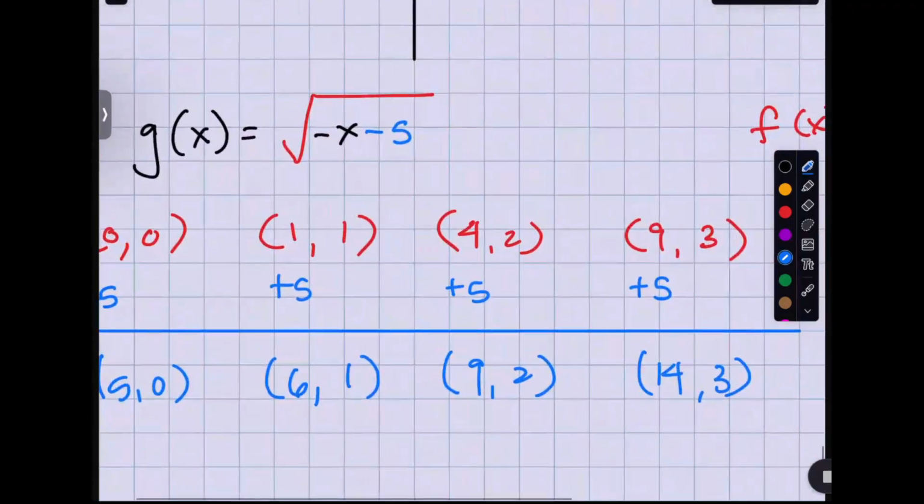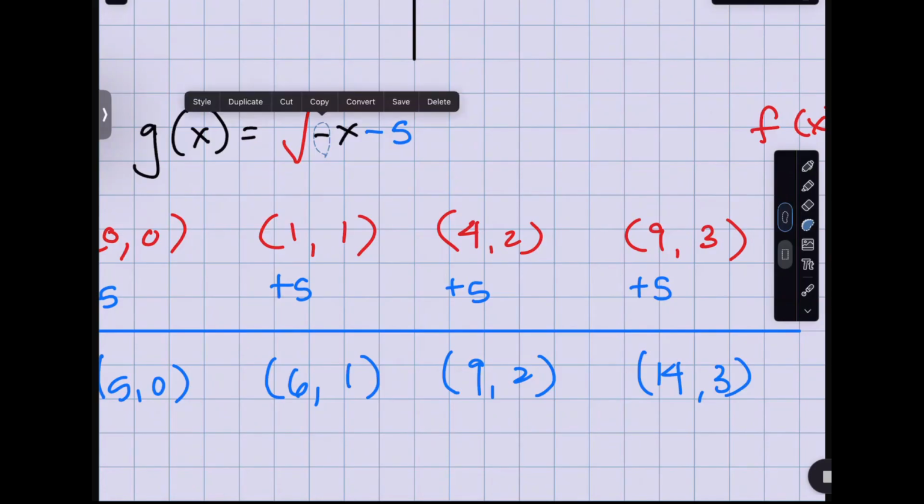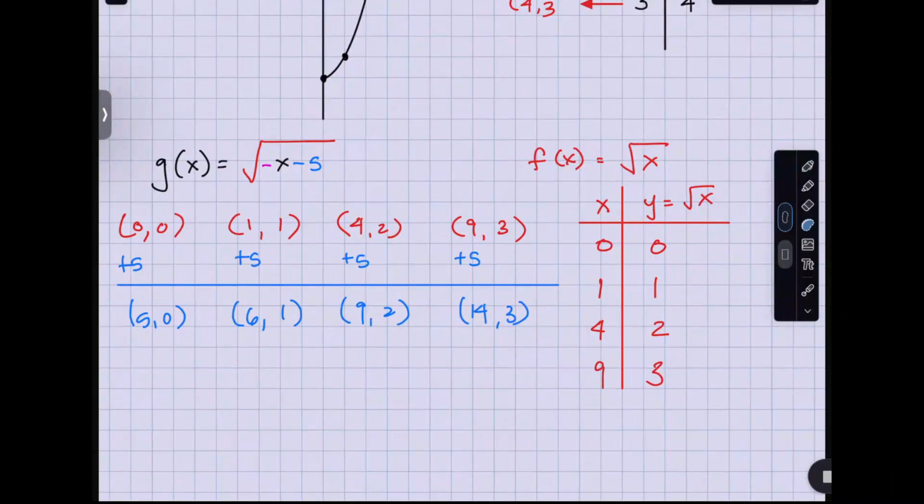Now that the 5 is taken care of, we do this part. Right? And what does that tell me to do? Flip it over the y-axis. That is true, but how am I going to flip those numbers? Wait a minute.